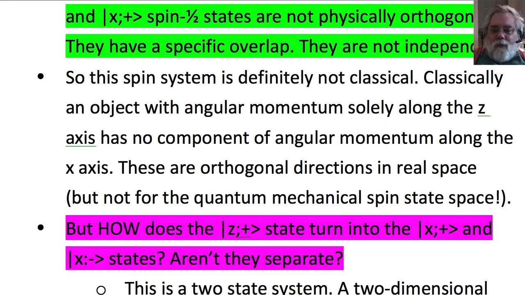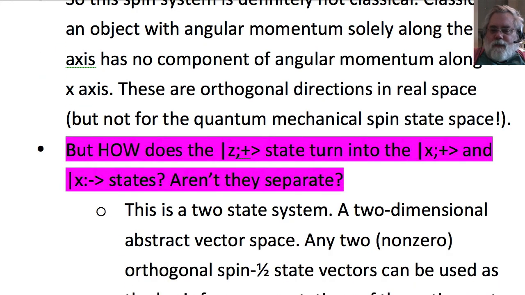Now you might say, well, but how does the Z plus state turn into the X plus and X minus states? Aren't they separate states? They look separate. I mean, we're writing them separate. Aren't they separate? And no, they're not separate. This is a two-state system, a two-dimensional abstract vector space.